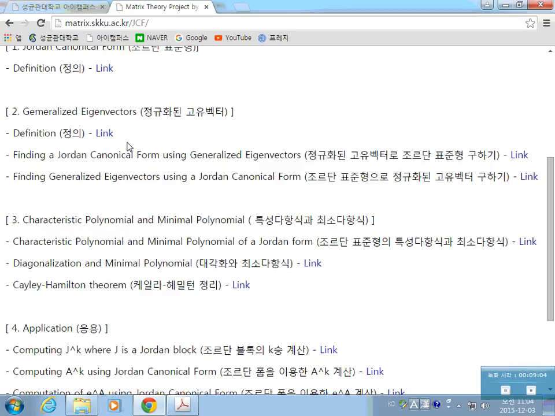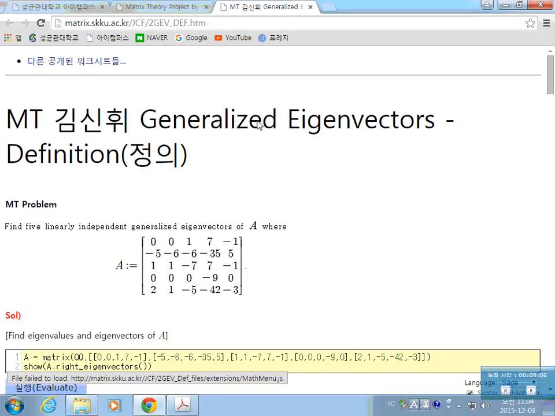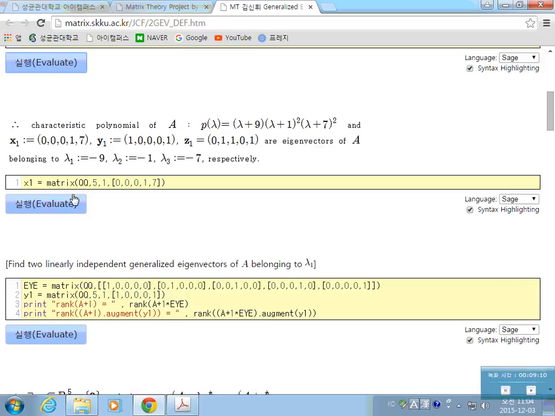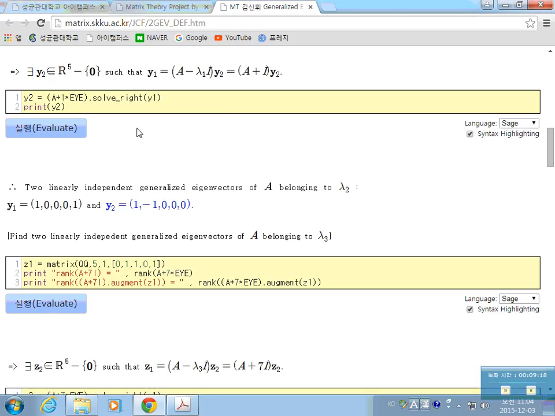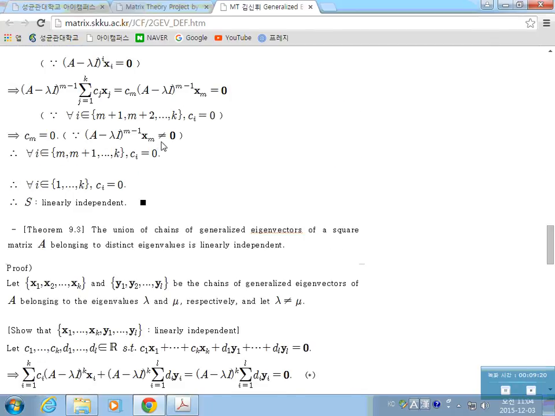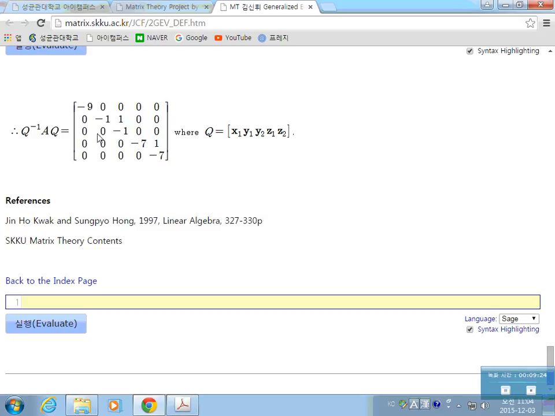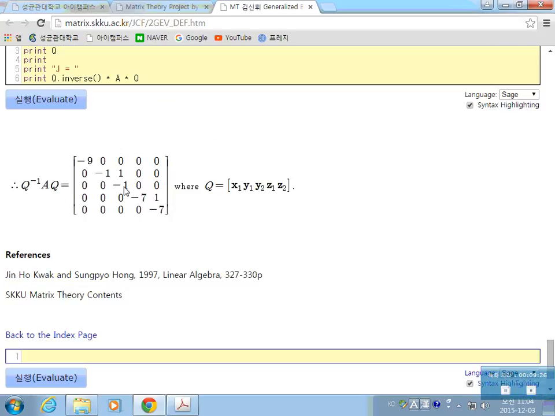Then you will see how to find the Jordan canonical form, and the code for finding the Jordan canonical form and generalized eigenvectors that makes Q inverse AQ equal to a Jordan canonical form like this.